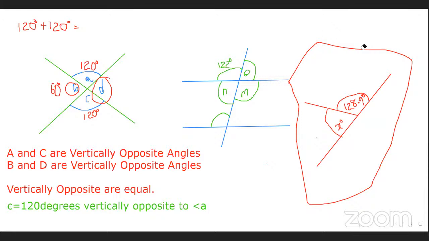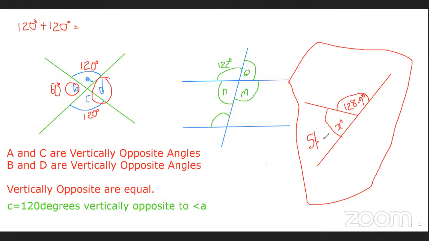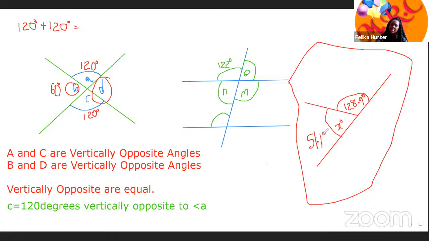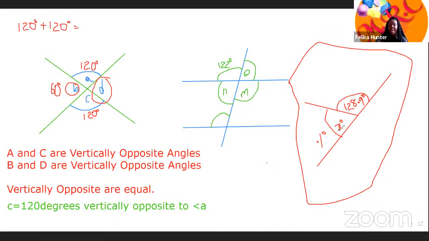Miss, calculating, I got 51.01 degrees for X. It's 51 point, 51.1 degrees. All right, so it's 51.1.